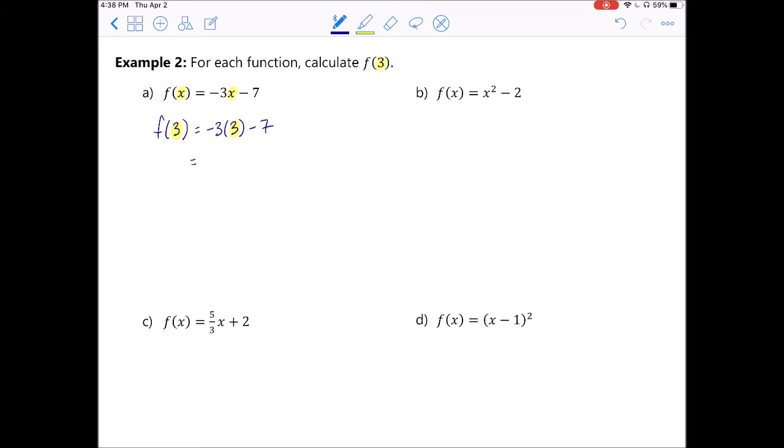All we have to do is now solve using order of operations. So you always do the multiplication first, so it's -9, and you bring down the rest. This equals -16.